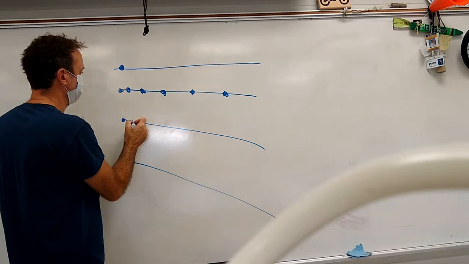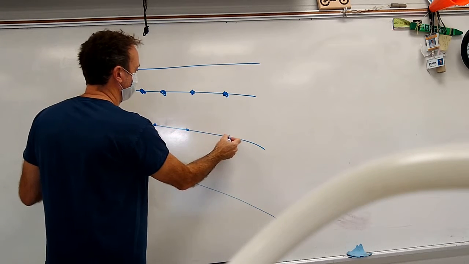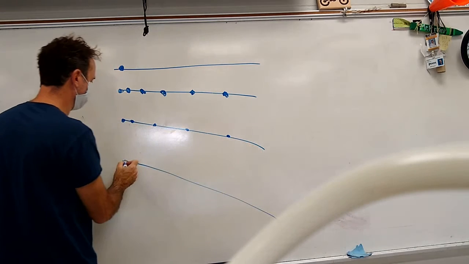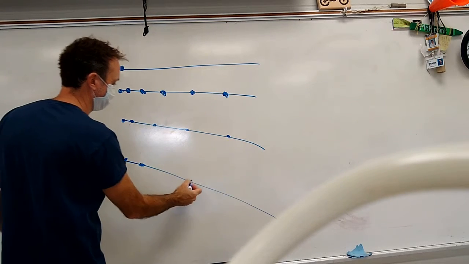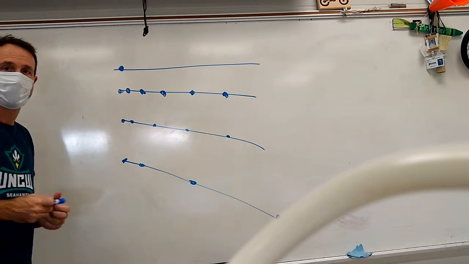This ramp's a little bit steeper, so each dot would be a little bit further along, and this one obviously may just look like that, right?